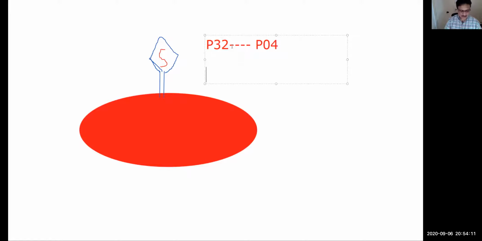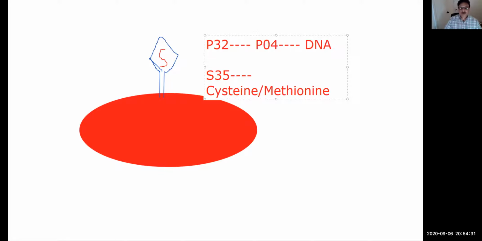The second isotope that they used was S35, sulfur 35. This sulfur 35 could bind to an amino acid, cysteine or methionine, right? The phosphate group can only bind to DNA, because DNA has a phosphate backbone.